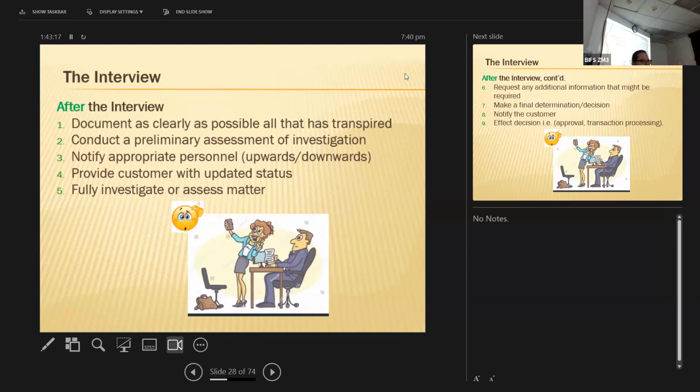I said to them, let's give it a second look. So we had somebody in Freeport actually go to the site and look at it. That took a couple of days longer to do.